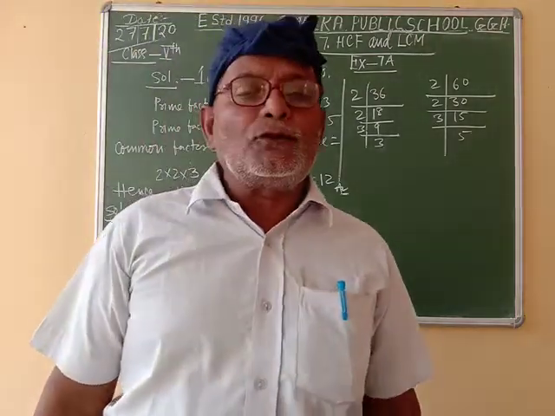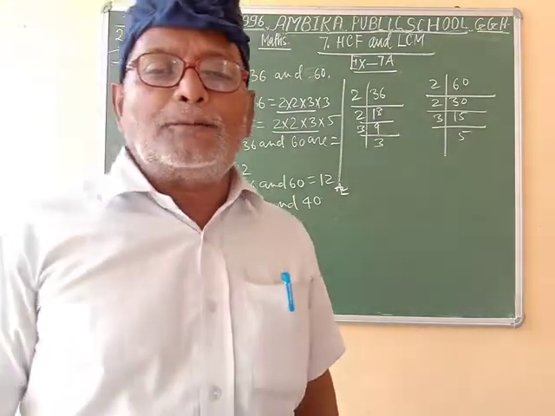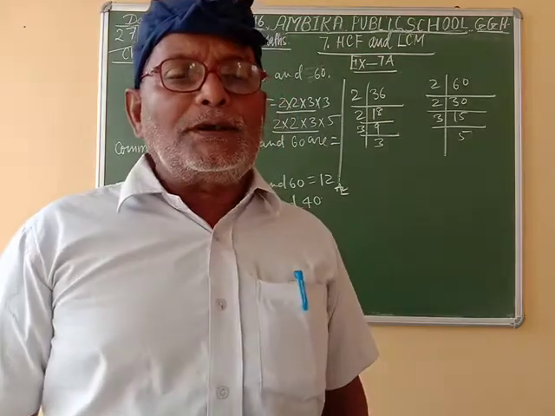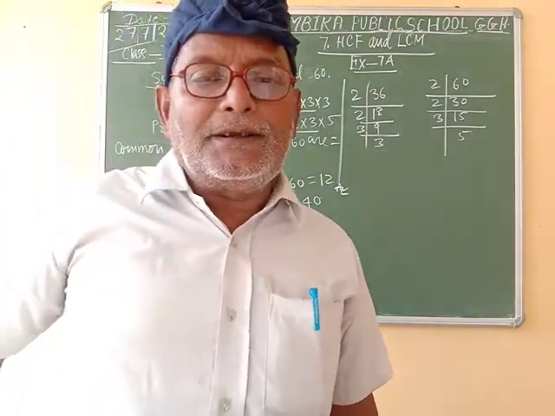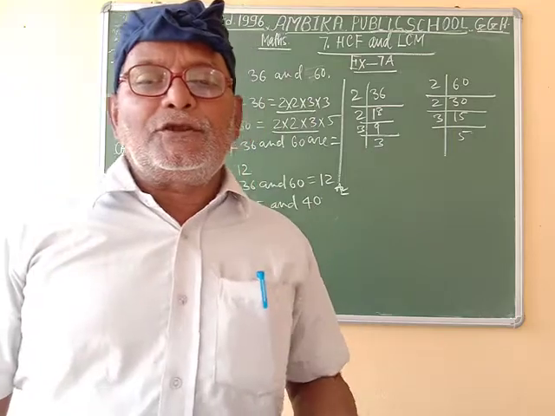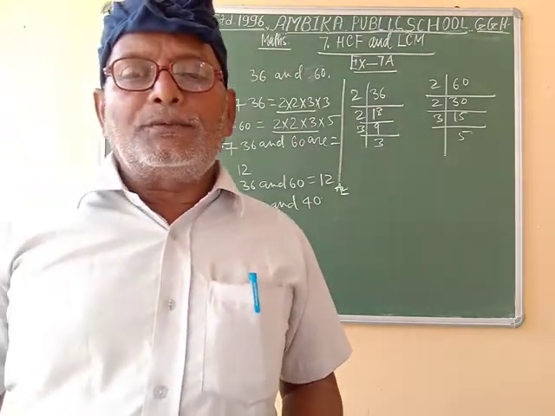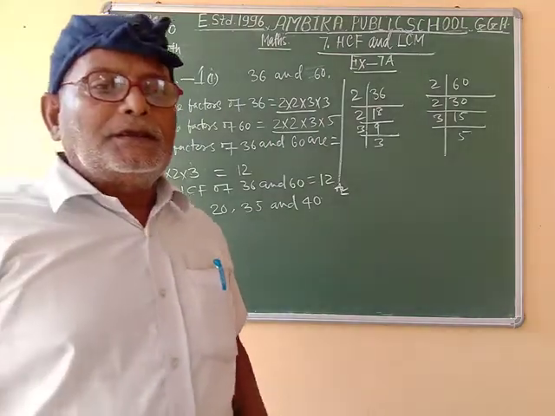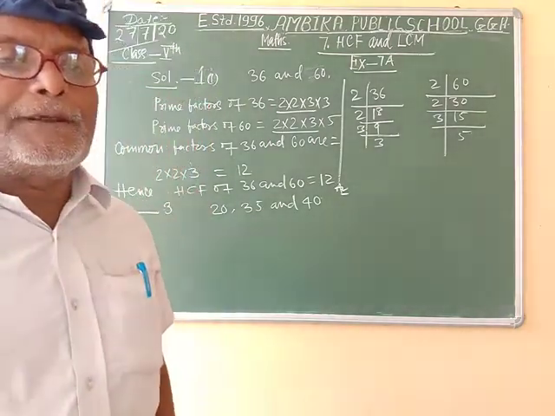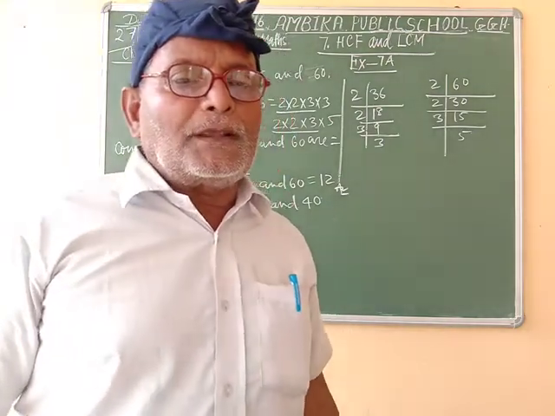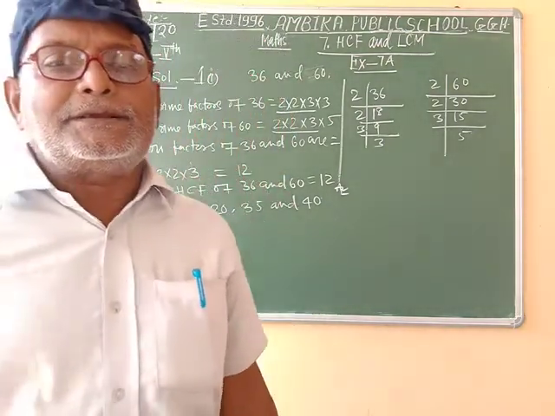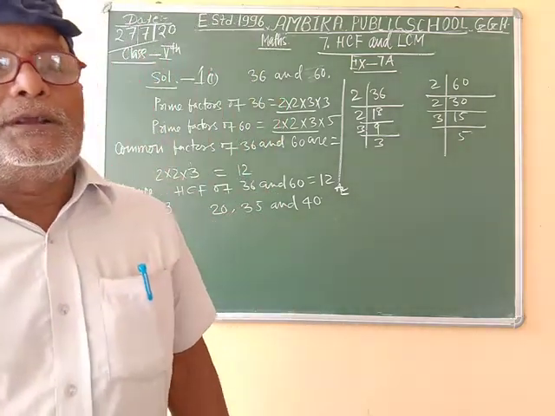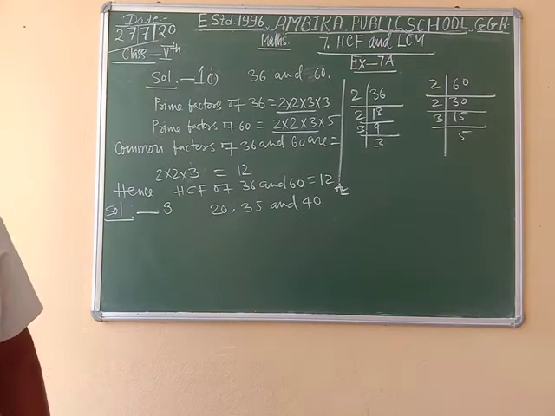If the remainder is not 0, then divide the smaller number by the remainder obtained in step 1 and find the remainder. If this remainder is 0, then the divisor of this step will be the HCF of the given numbers. So, if you have to find the HCF of numbers by the continued division method, first of all, divide the greater number by the smaller number.